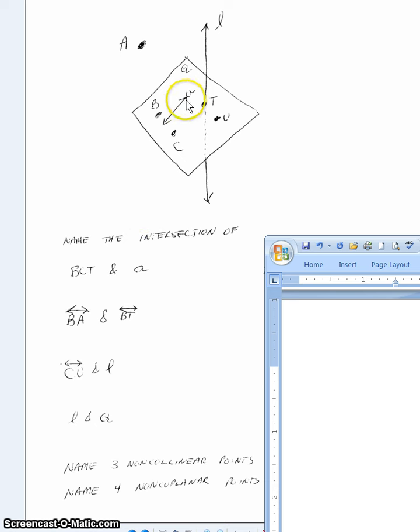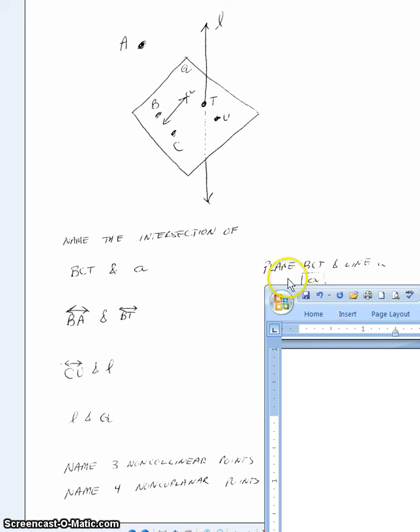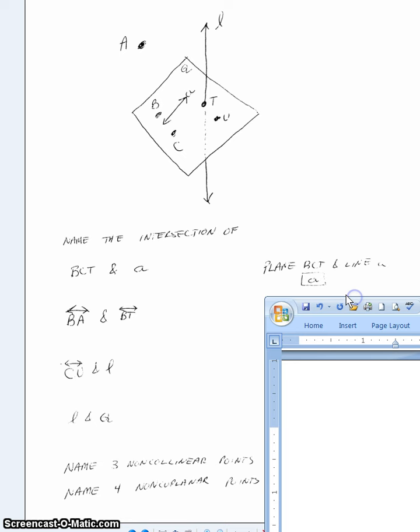Little a is a line. Well, there's line A. It's in Q. The question is where does A touch Q? Well, A touches Q everywhere. Every point in A touches Q. Thus, the intersection between plane BCT and line A is simply line A. Again, I showed 2 lines here, line BA and BT.